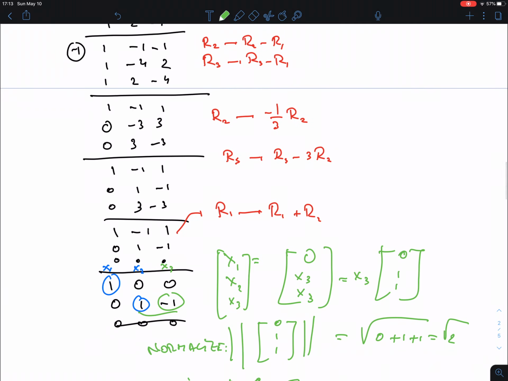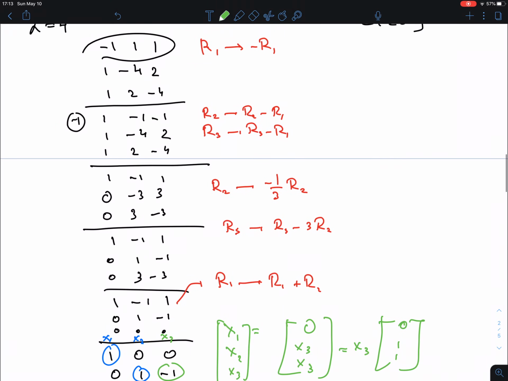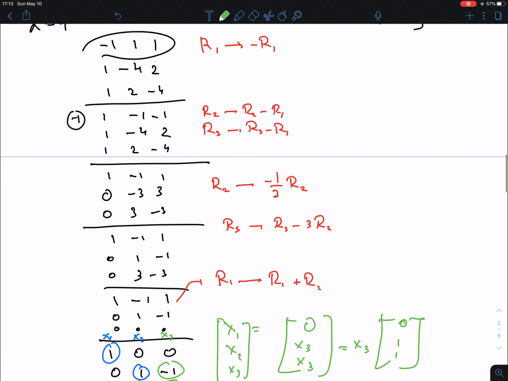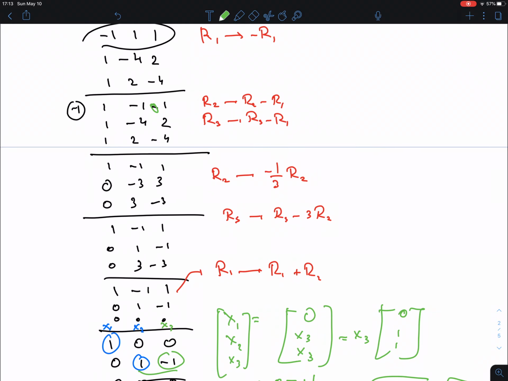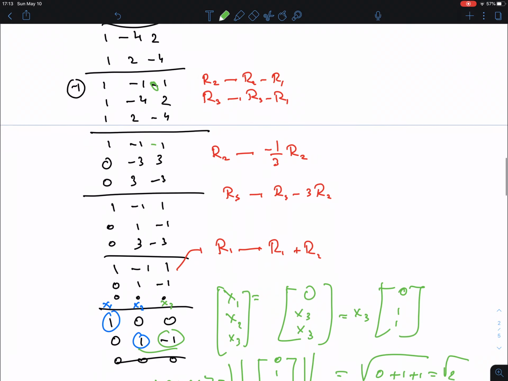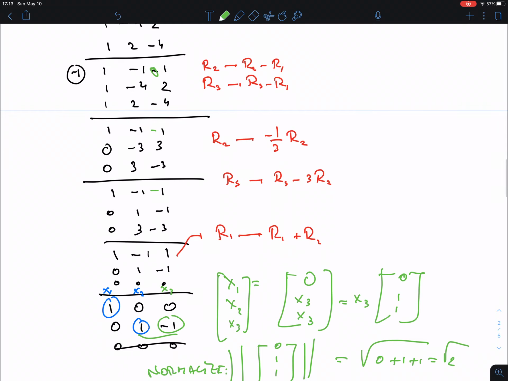Just let me double check here, I hope. I have a little suspicion that I still have that negative sign mistake, and I think I still haven't copied that, right? Because I didn't do anything here, so this should be a negative one. This should be a negative one, right?